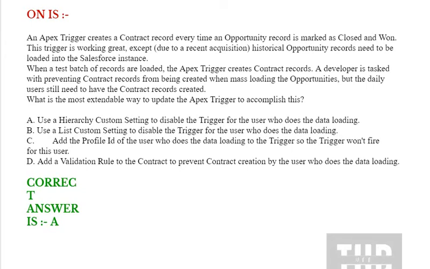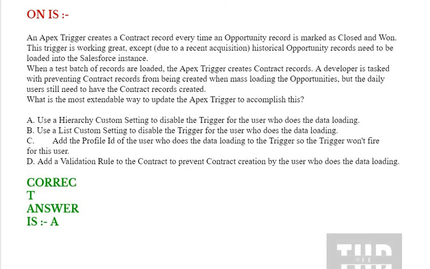A developer is tasked with preventing contract records from being created when mass loading the opportunities, but the daily users still need to have the contract records created. What is the most extendable way to update the Apex trigger to accomplish this?